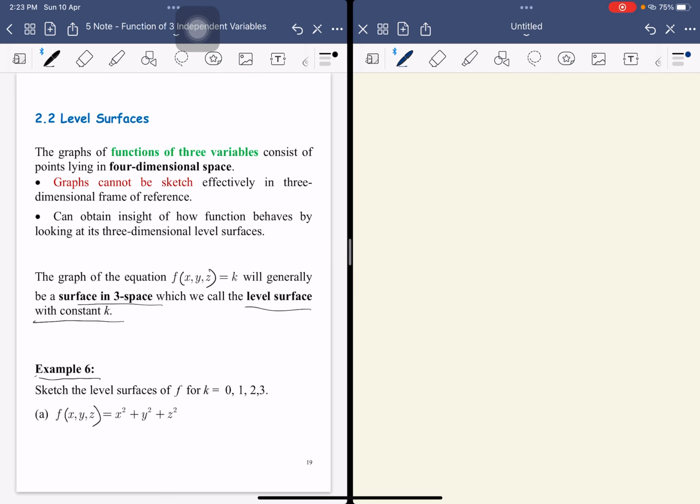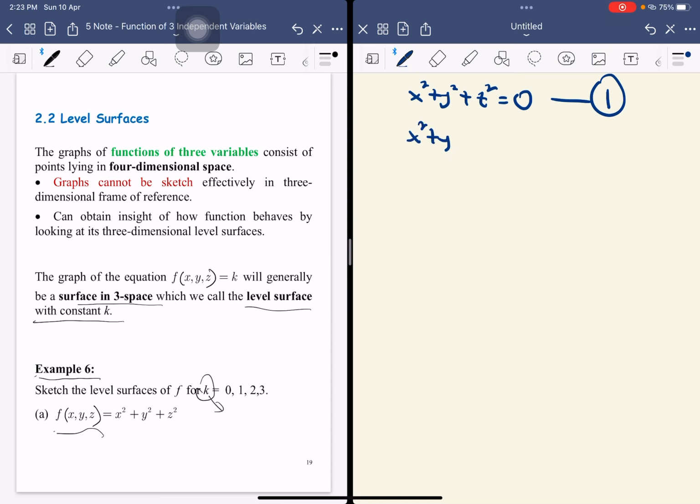Sketch the level surface of F for K equal to 0, 1, 2, and 3. This means K is going to be substituted into F over here. It will be similar to what we practiced on level curves. So now if we substitute, we're going to have x squared plus y squared plus z squared equal to 0. This is the first one.